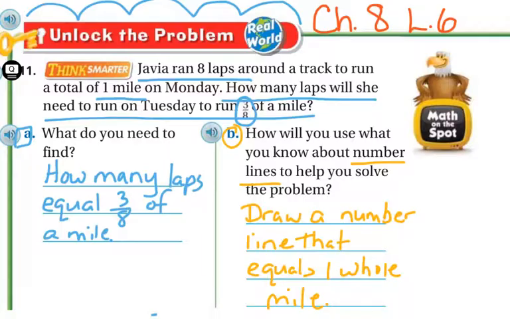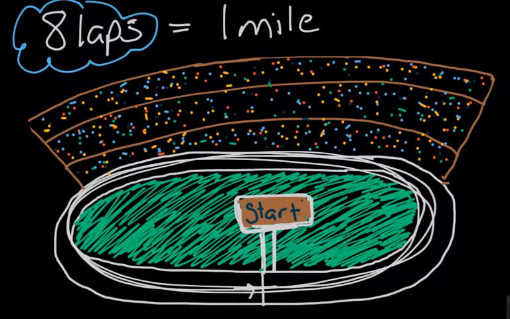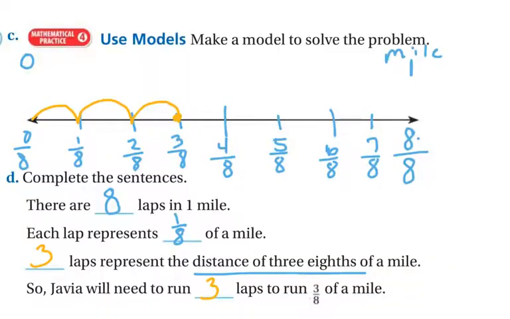So going back to our original word problem, Javier running 8 laps around the track on Monday and what she's going to have to do on Tuesday can sound overwhelming. But when you chunk it out, what are we looking for? What can we use to figure this out? What kind of quote unquote simple sketch can we draw?